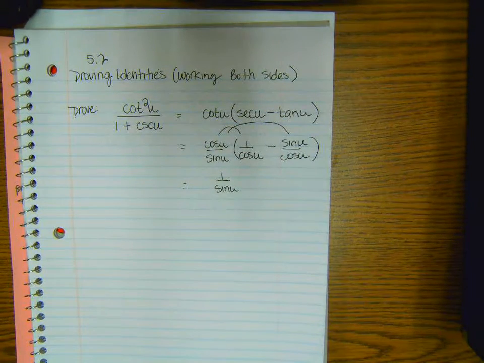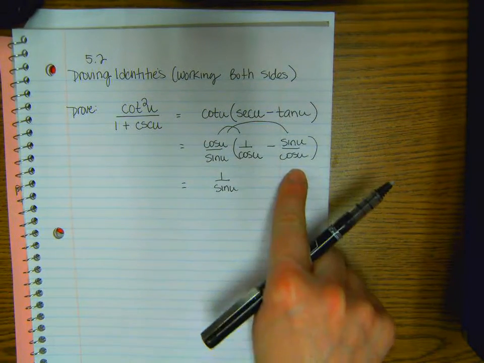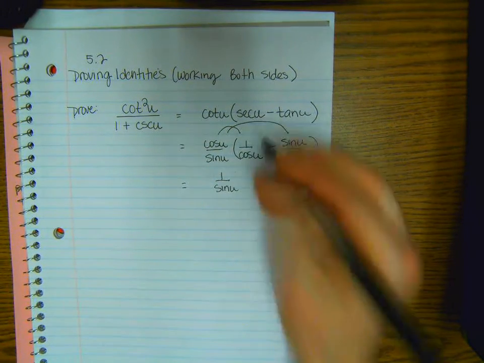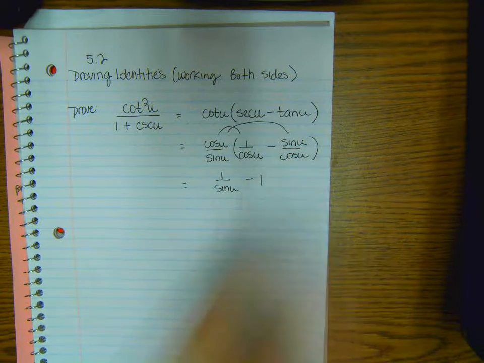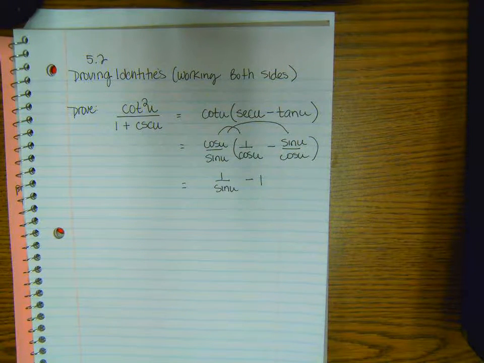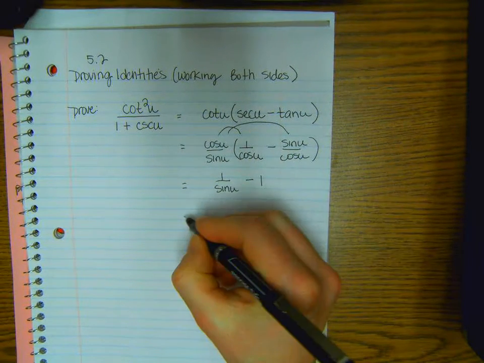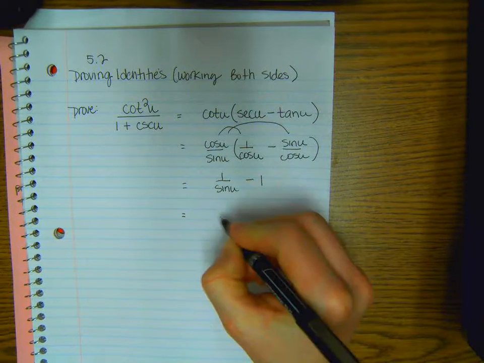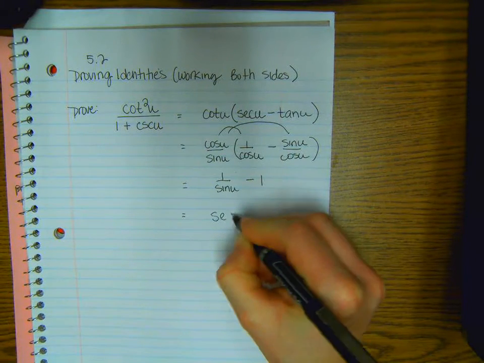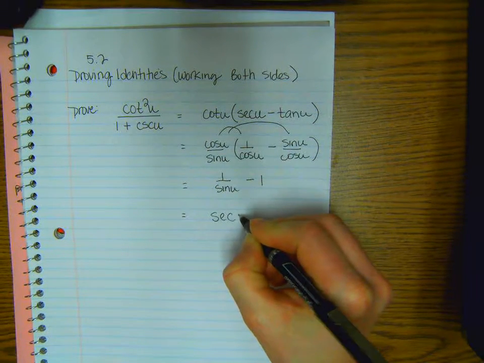Isn't that just 1? Don't the cosines cancel and the sines cancel? Yeah. Okay. All right. So this is getting pretty simplified. Let's see. Can I do one more thing? 1 over sine is the same as cosecant.